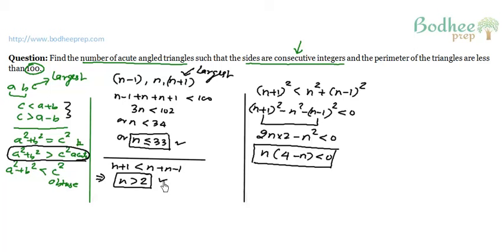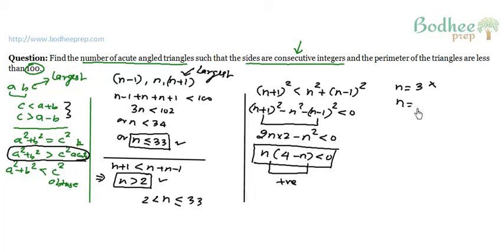So now let us take up the range of n. We have n greater than 2 and less than or equal to 33. If you put n equal to 3, the smallest value we can put, we find that the value of this expression is positive. Hence, for n equal to 3, the triangle is not acute.